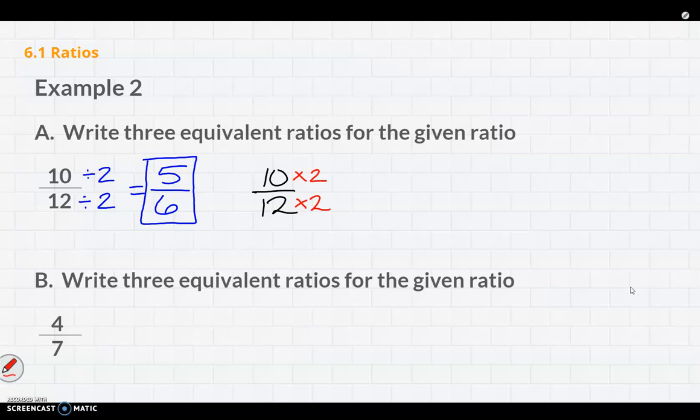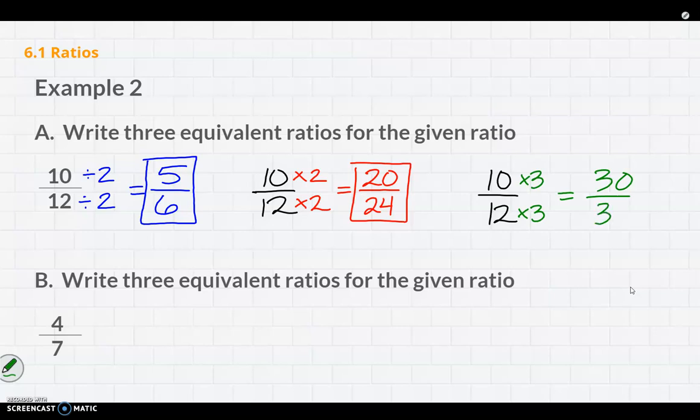So if I multiply each of them by 2, I have 20 to 24, and that is equivalent to 10 to 12. And maybe for a third equivalent ratio, I might multiply by 3. You could multiply by any number you want to, as long as you're multiplying by the same number. So this is 30 to 36. Again, another equivalent ratio.